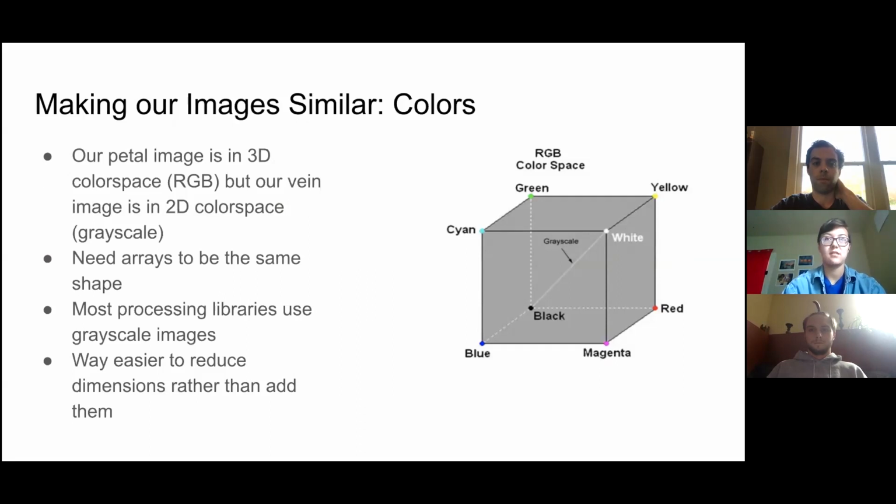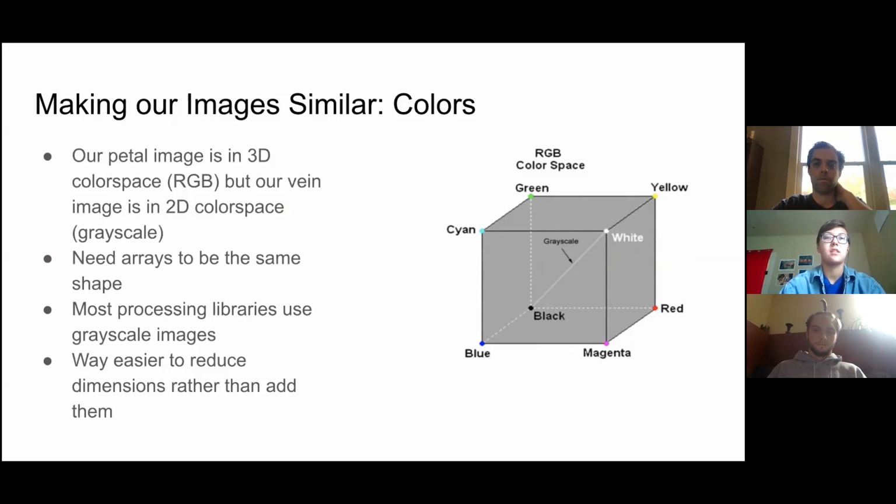So the first issue is that we want to convert our images from color to black and white, partly because some of the images that we're going to compare to are in grayscale already, and partly because reducing the dimensionality of our image arrays from 3 to 1 reduces the amount of data that we have to analyze, and thus the amount of time that our algorithms take by quite a bit.